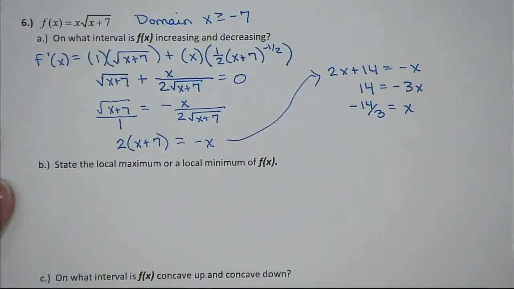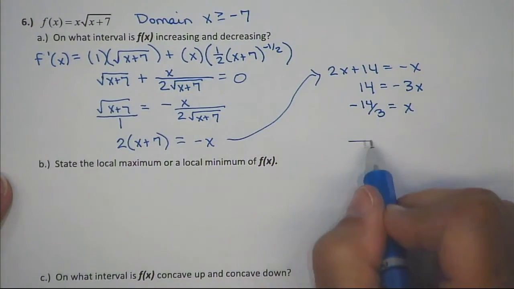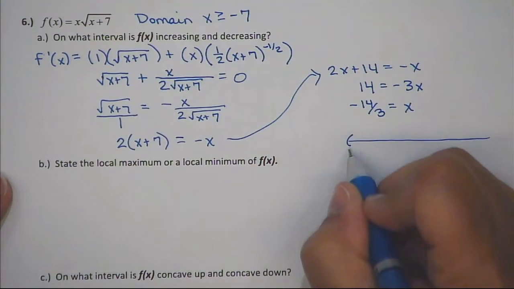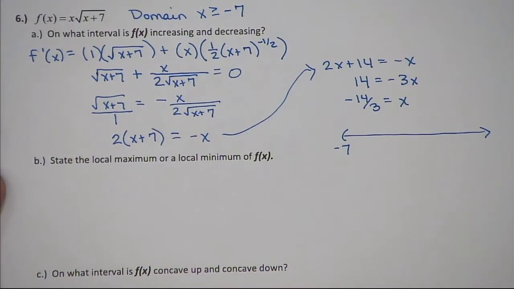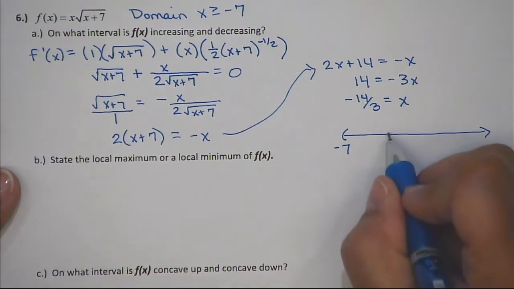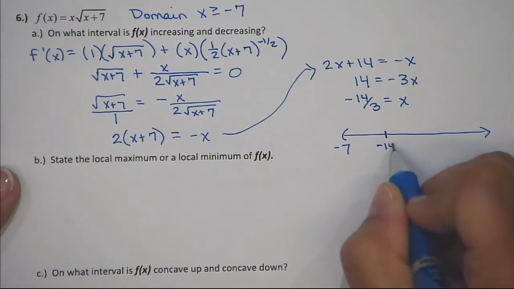All right, so when I do my number line, this point over here is negative 7. I can't go past negative 7, okay? So not infinity, not negative infinity. All right, so negative 14/3 is negative 4 and something. So put it close to here.